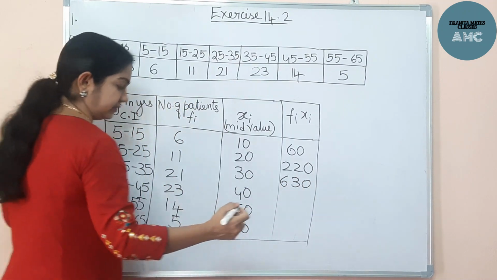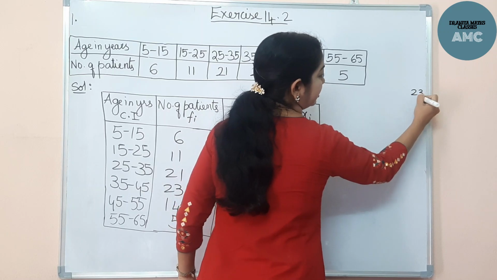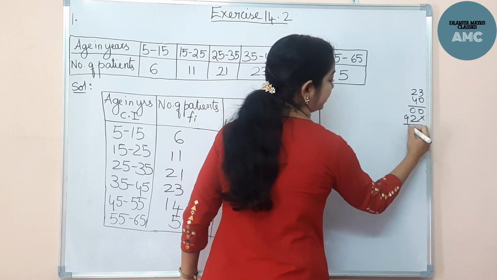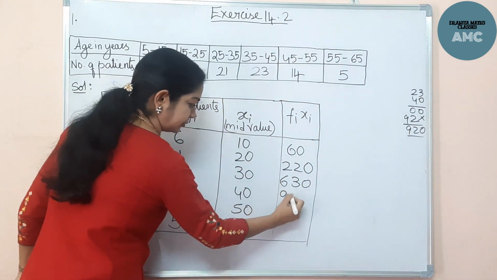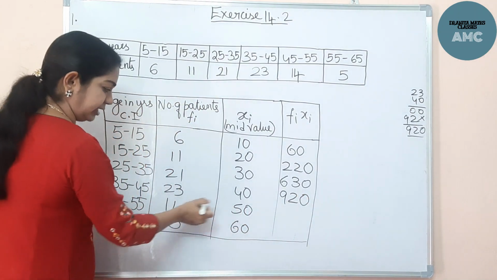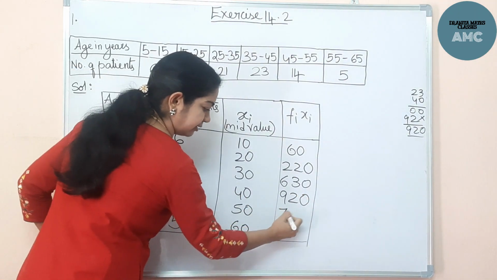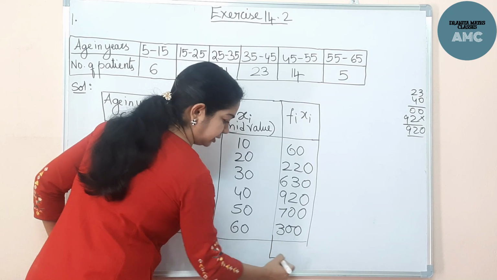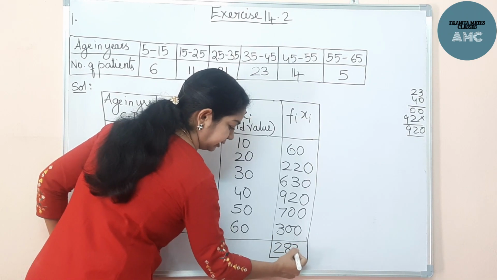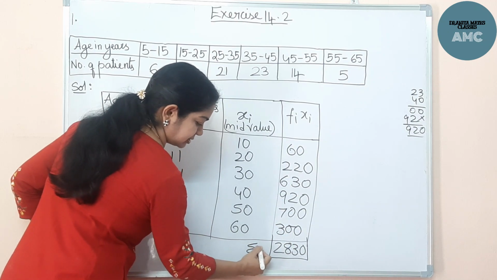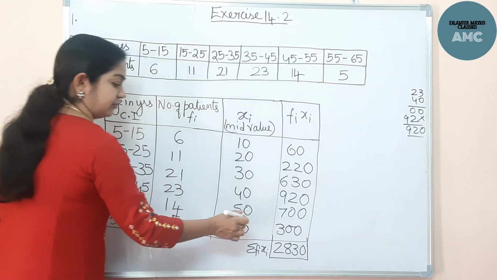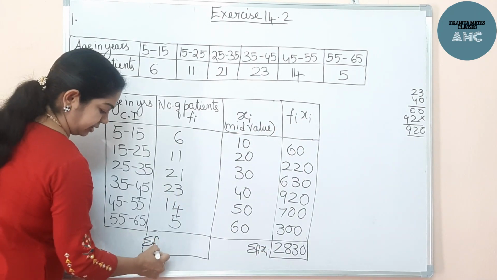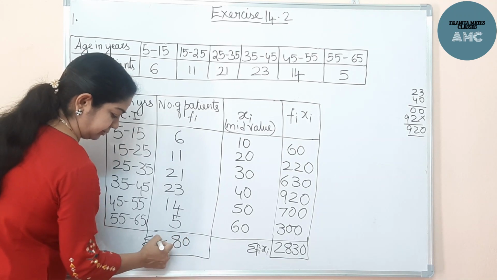And 23 into 40 is 920. 14 into 50 is 700. And 5 into 60 is 300. Now, if you total it, it comes to 2830. This is sigma Fi Xi. Here we have to find the mean, so I am finding the product as well as the sigma, and sigma Fi is 80.